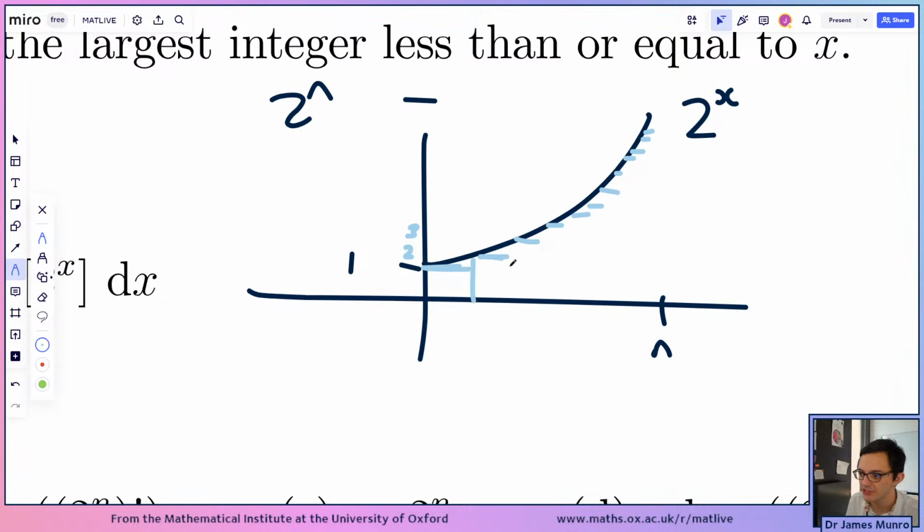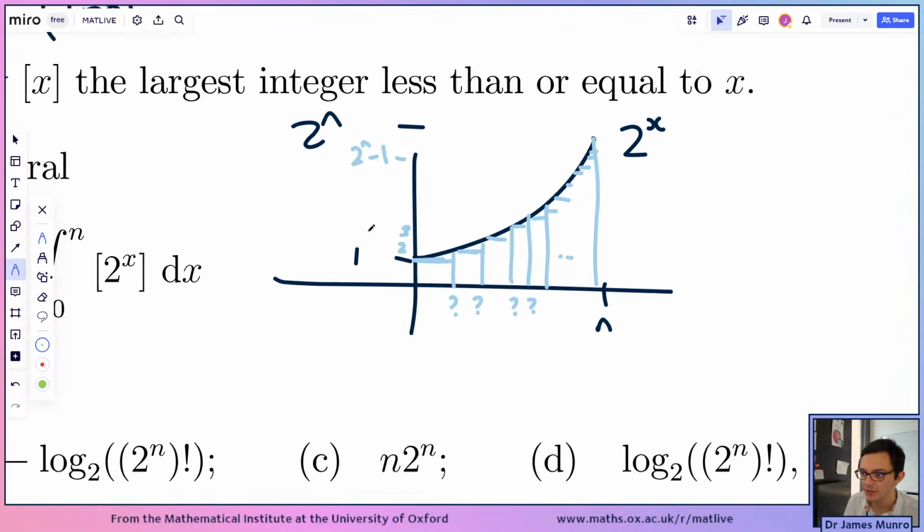And the real question is, where do these things happen? Where does it round? Until finally it reaches the value of 2 to the n, not 2 to the n minus 1, but only right at the point n. So there's this last moment where this last rectangle has got height 2 to the n minus 1.